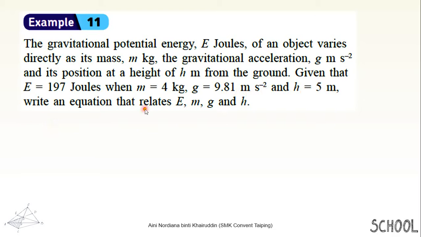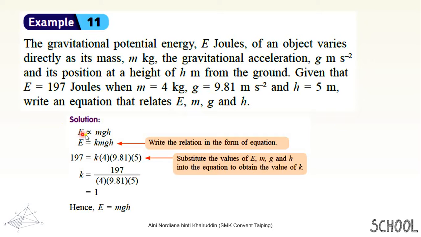Write an equation that relates E, m, g, and h. This is for four variables. So first, write in the form of variation relation, and then write the relation in the form of equation. Substitute the value of E, m, g, and h, and then you get the value of k. So substitute back into the formula. Hence, E equals kmgh.